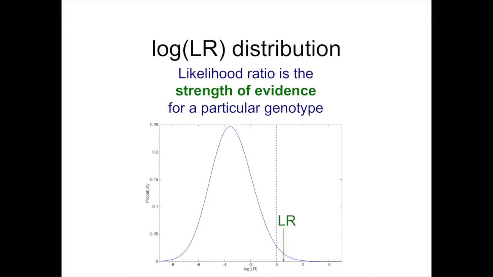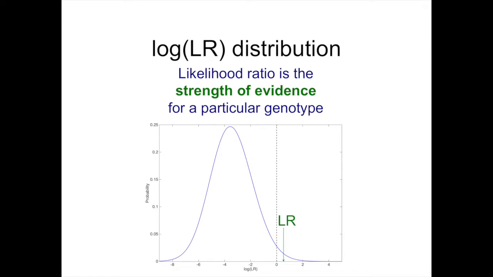The likelihood ratio here is the strength of evidence for a particular genotype. The x-axis is the log LR. This is probability density vertically. A particular person, shown in green, would have some LR value that falls along that axis, giving a strength. And now, instead of finding and adding all these extremal sets, all that's been reduced to a one-dimensional distribution.